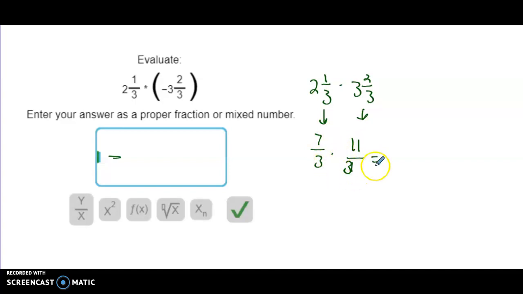Cannot simplify before I multiply, so I have 77 ninths, which works out to be 8 and 5 ninths. And again, I need to include that negative sign, because only one of the factors in this expression is negative, which means it will result in a negative product of 8 and 5 ninths.